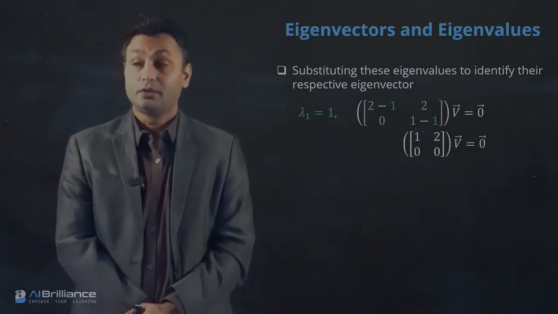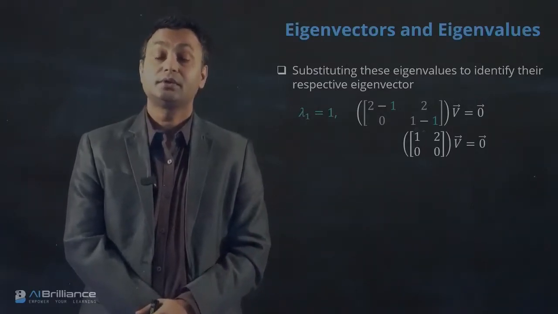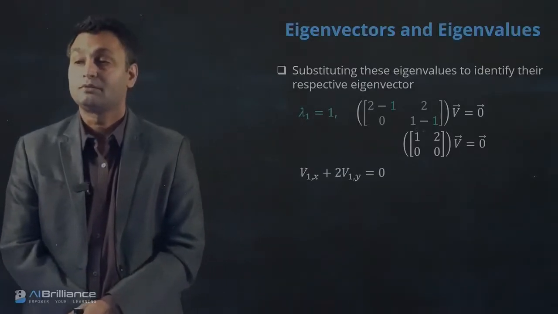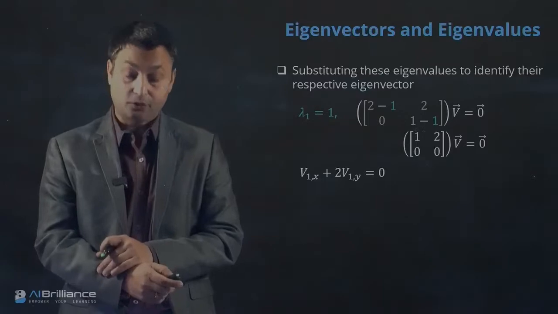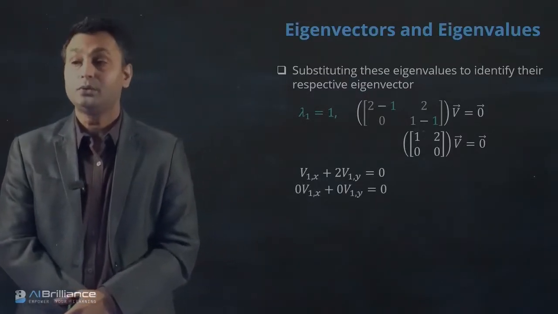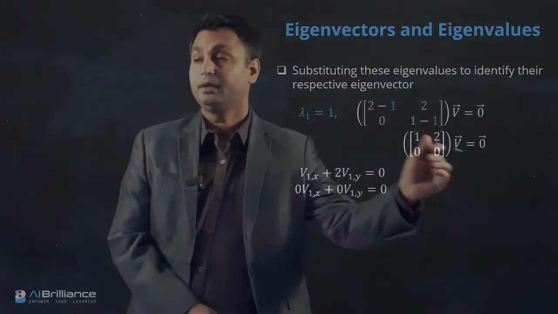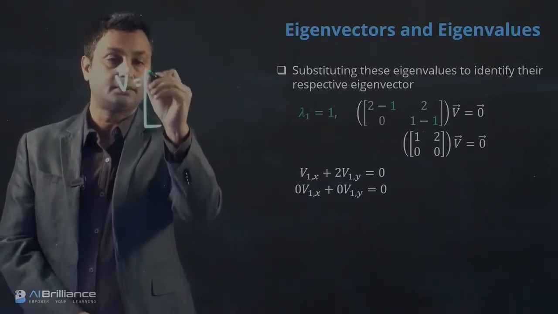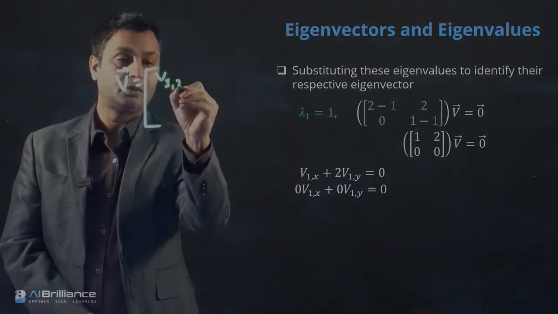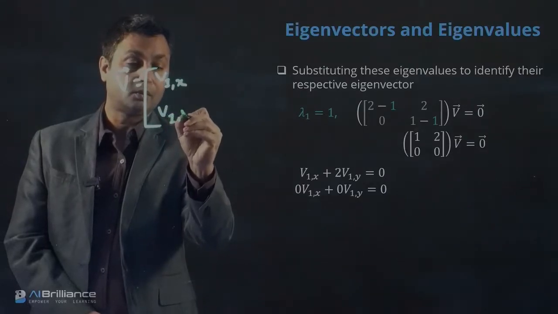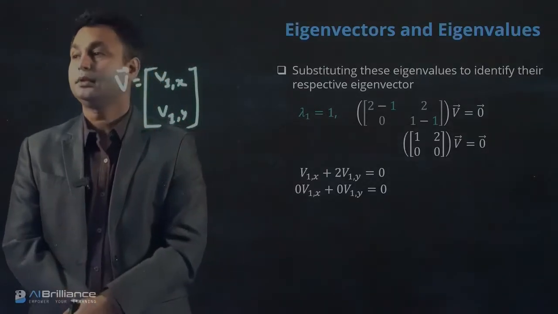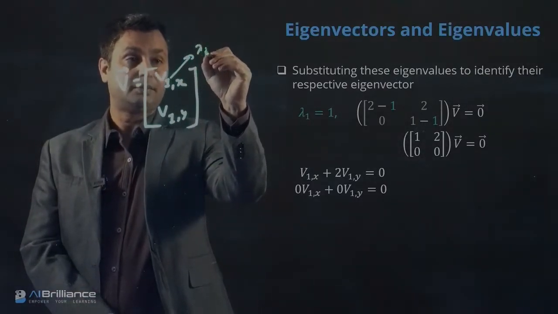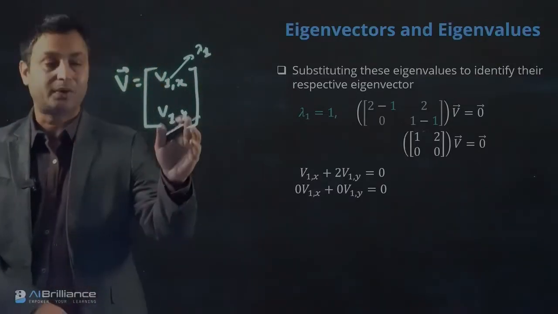Now, if you look at this equation, it is essentially two equations together, so we can derive the following two equations. How are we doing that? Let's assume that this vector v is denoted like this, where v1x and v1y are the two elements in this vector, where 1 corresponds to the eigenvalue lambda 1, x is the first component and y is the second component.